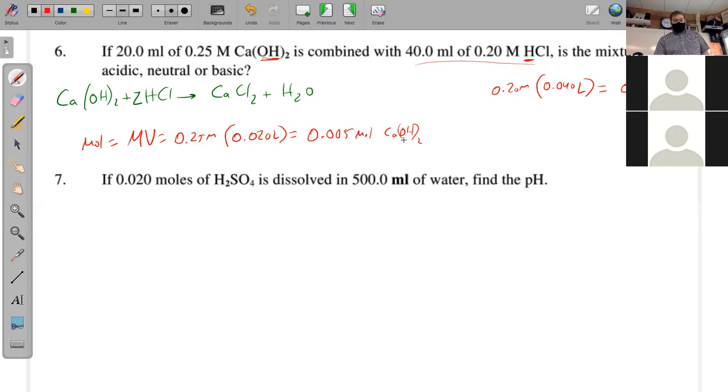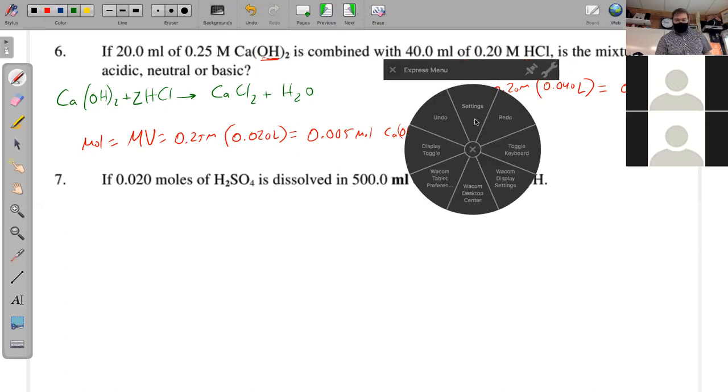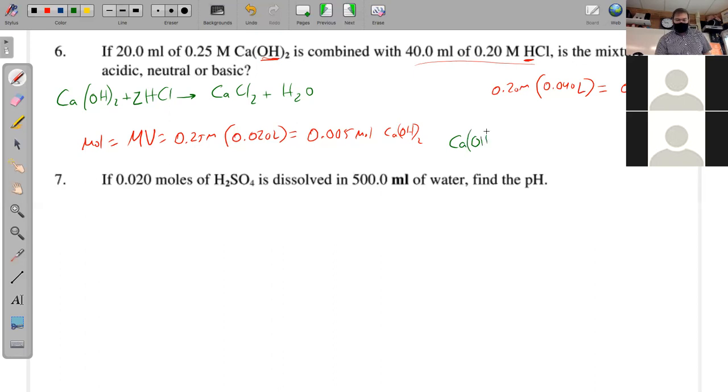Meaning when this calcium hydroxide dissociates, you can write it as a dissociation reaction, Ca(OH)2. When it dissociates, you get a calcium, but you get 2 hydroxides. So this 0.005 moles of calcium hydroxide is the concentration of the calcium hydroxide itself, 0.005 mole Ca(OH)2.